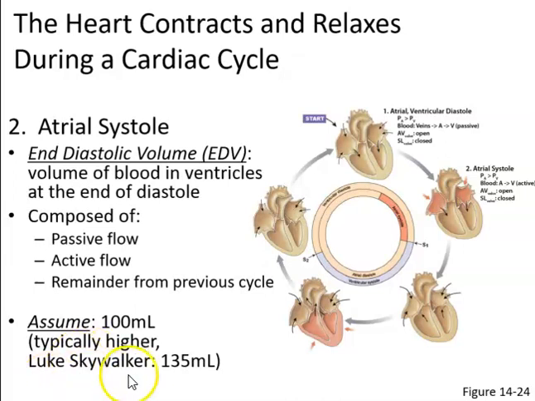For example, young Luke Skywalker in the first Star Wars trilogy, being that European standard, we know that end diastolic volume should be around 135 milliliters, but we are using 100 milliliters to make the math easier. Typical end diastolic volume, we are saying, is 100 milliliters or 100 milliliters per beat.